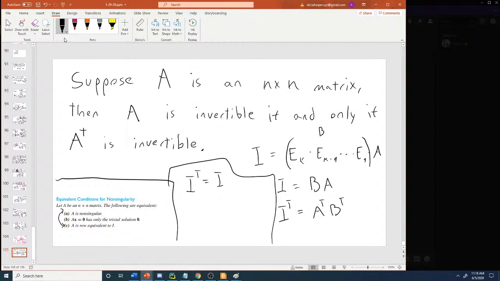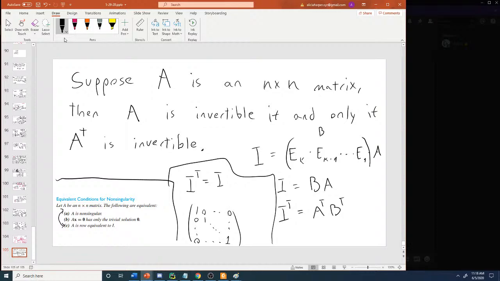The reason this is true is recall what the identity matrix looks like. It's 1, 1, and so on, 1 along the diagonal from the northwest to the southeast, and then zeros everywhere else.